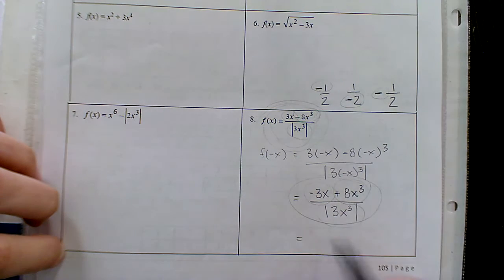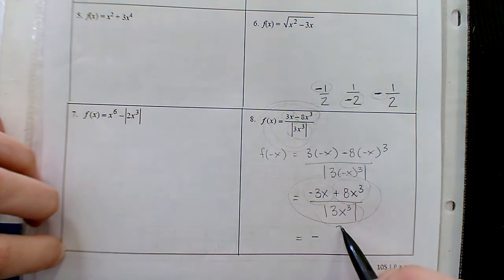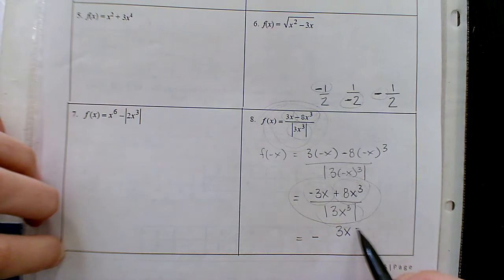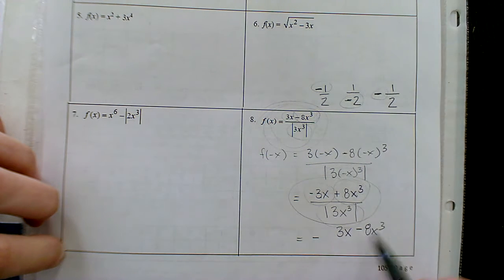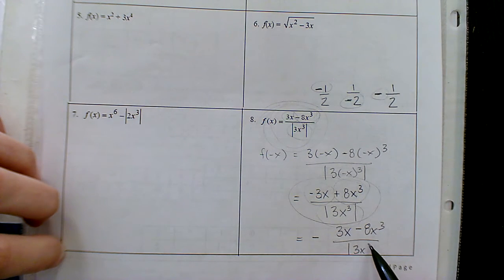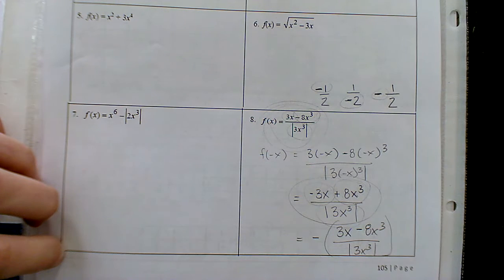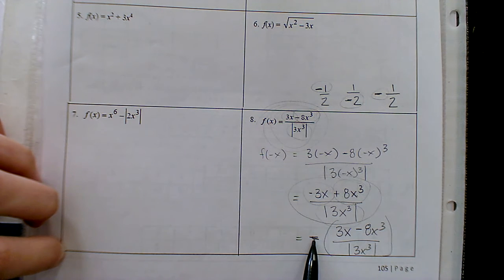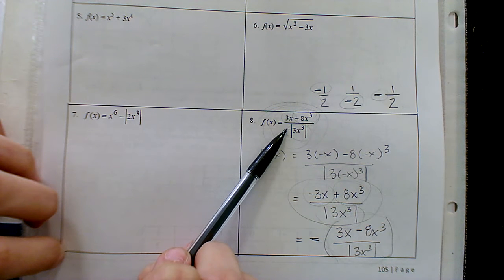So if you pulled a negative out of the top, this would then change to a positive, that would then change to a negative, and the bottom would still stay the same. So take a look at that. You have the opposite of what now looks like the original function, right? The one you started with.